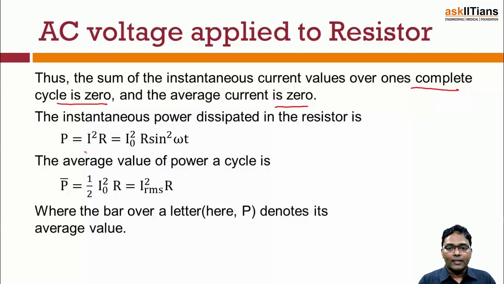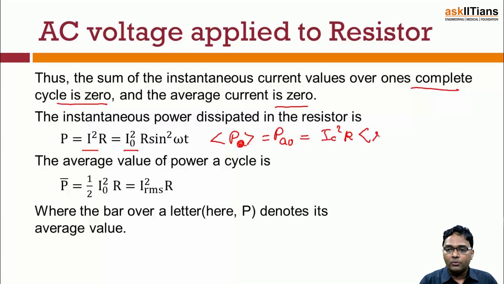If you talk about the case of power, the power dissipated is given by I square R. So you can simply say I naught square R sine square omega t. And as a result, if you try to find the average, this is going to give you P average. P average is equal to I naught square R, where R can be taken out. It's going to be an average of sine square omega t.